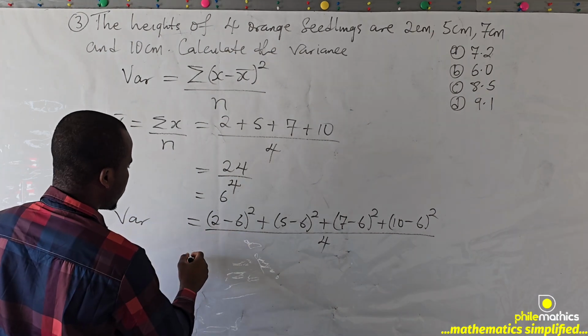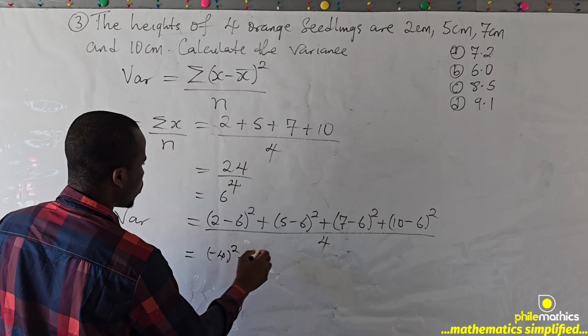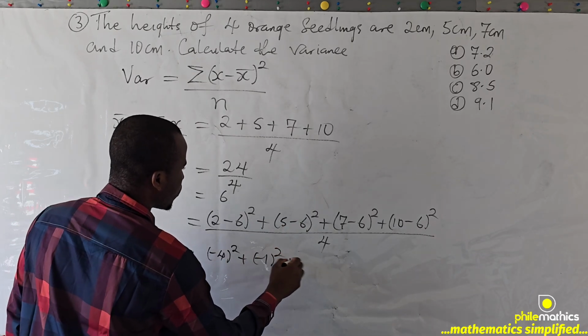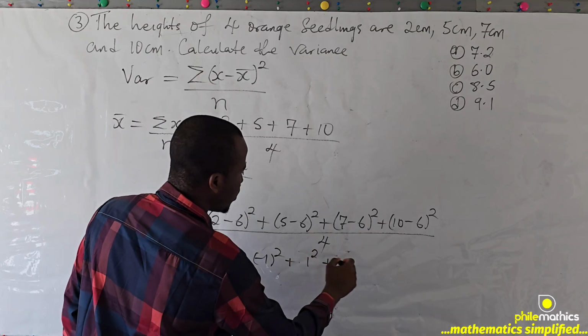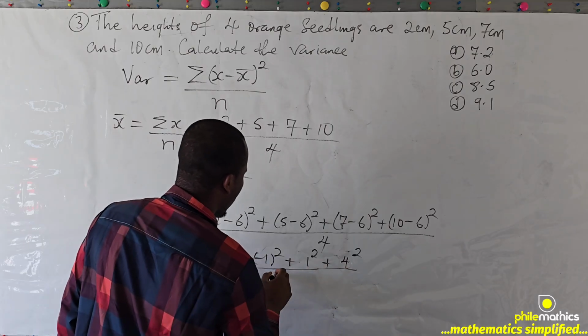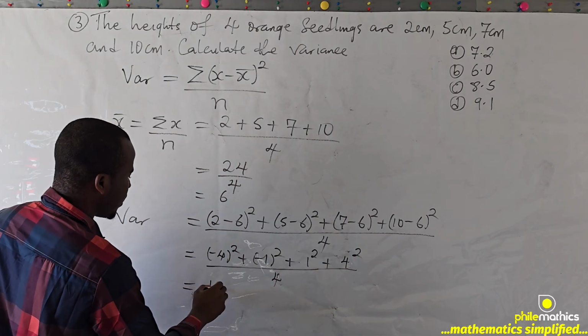2 minus 6 is minus 4 all square plus 5 minus 6 is minus 1 all square plus 7 minus 6 is 1 square. 10 minus 6 is 4 square. Everything over 4. So we have minus 4 square is 16.